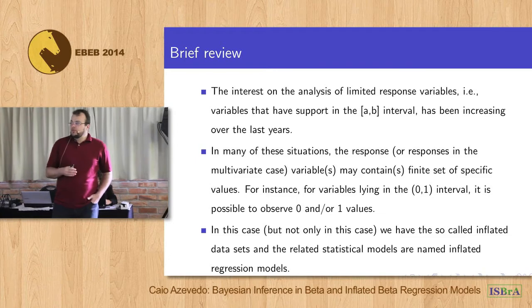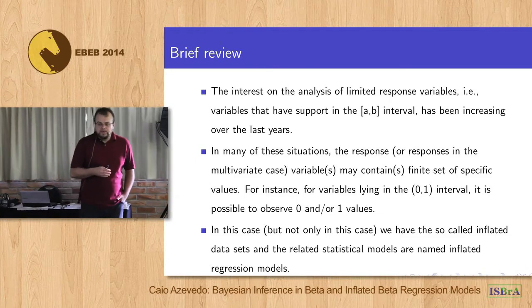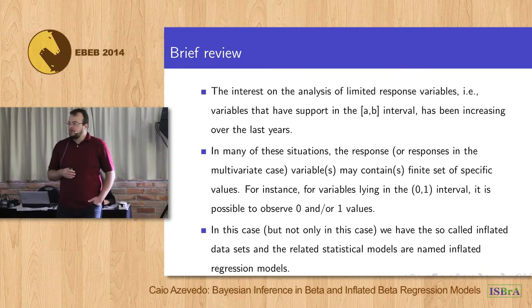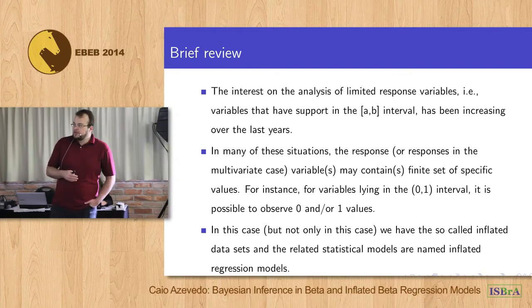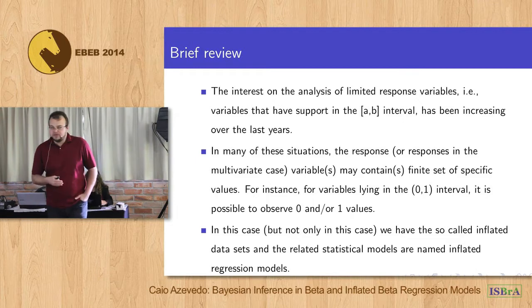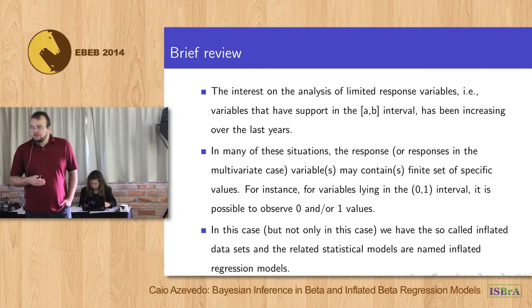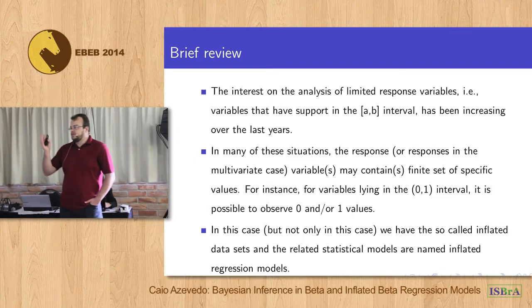And this proportional data can arise when you have, for example, a proportion of trees in a region that present some kind of disease, or a proportion of persons that did not pay some kind of expense, for example a credit card, and so on.